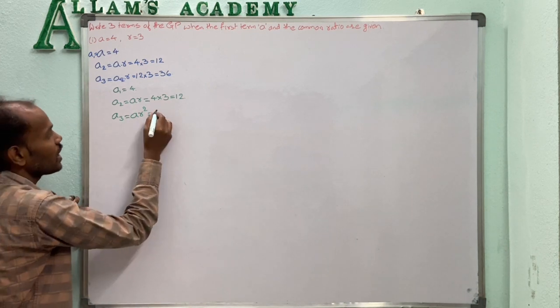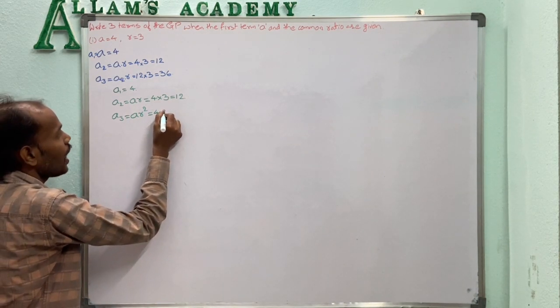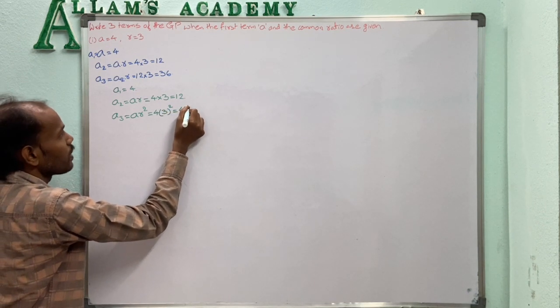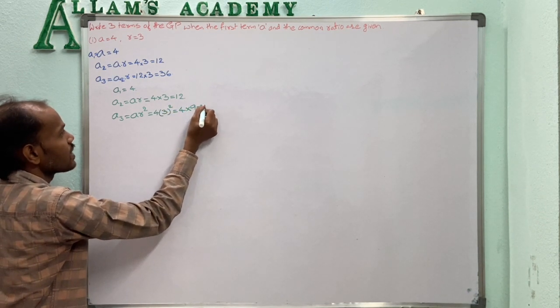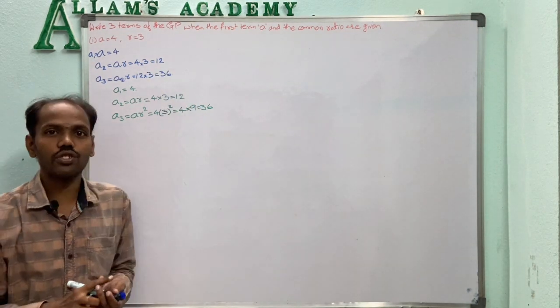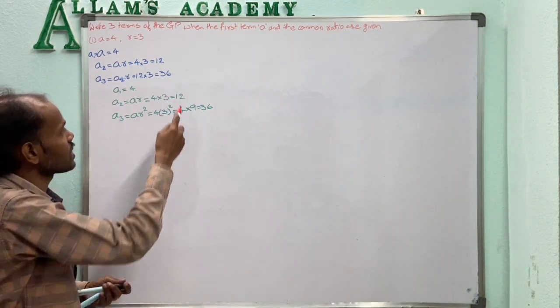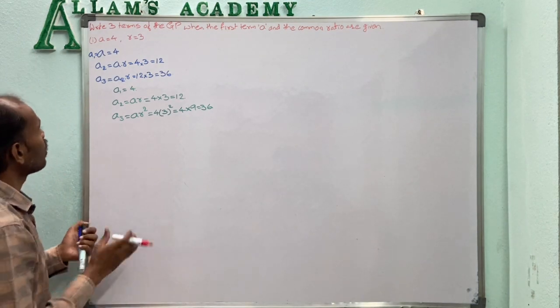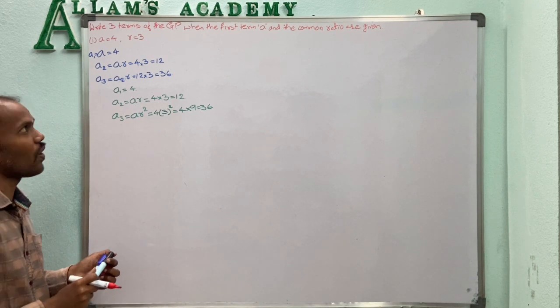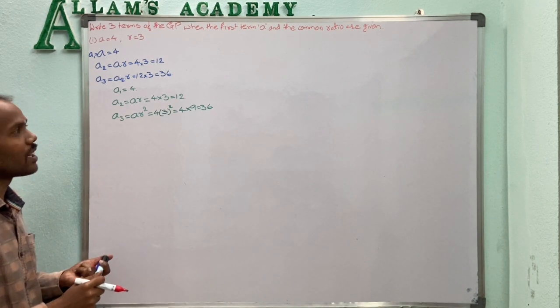So a equals 4 into r, 3 whole square, 3 square is 9. So 4 nines are 36. So in this model also we can do it, but with any model we get the same result. With any method we can find the terms of the geometric progression.